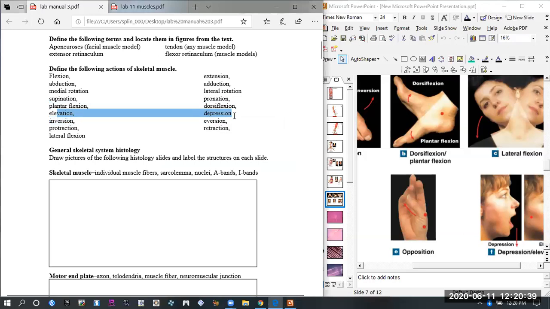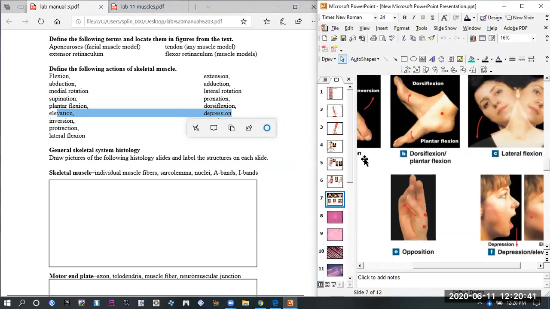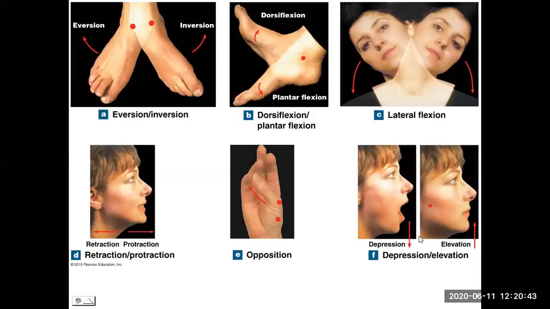Elevation and depression, essentially the words for up and down. We notice here the mandible is a good example. When you elevate the mandible to close your mouth, and depressing the mandible, lowering it to open the mouth.